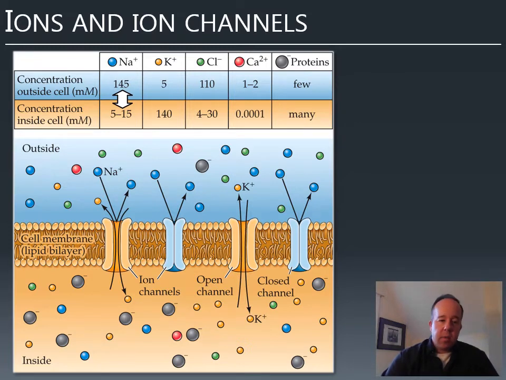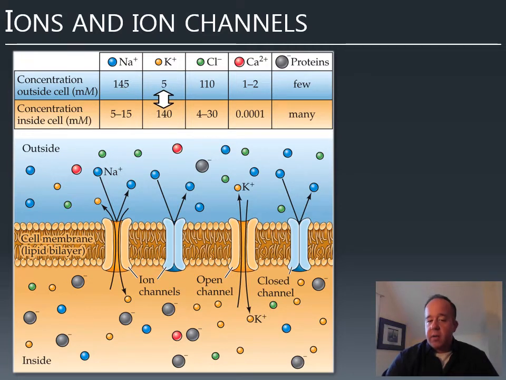So if we compare the numbers, we can see there's a lot more sodium outside the neuron than there is inside, and that's important. So we compare the concentrations, and see that there is a bigger concentration of sodium outside than inside.